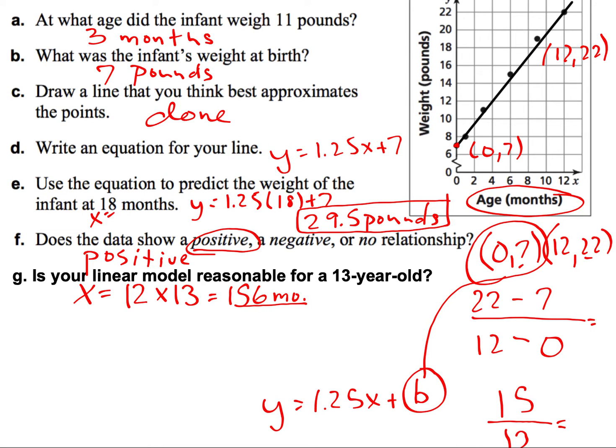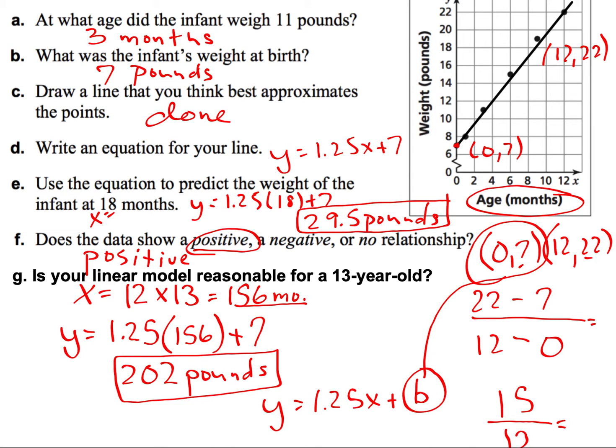Let's see if this makes sense in this model. Let's plug in 156 months and see what we come up with. 1.25 times 156 plus 7 gives us a weight of 202 pounds.